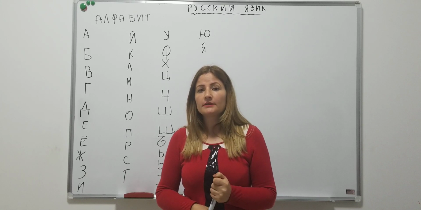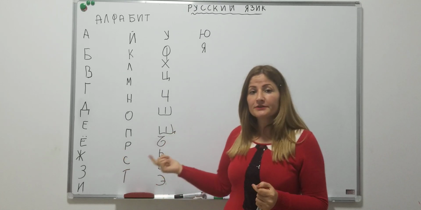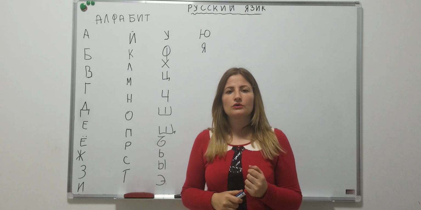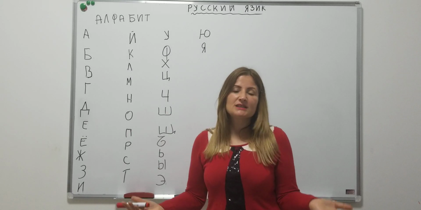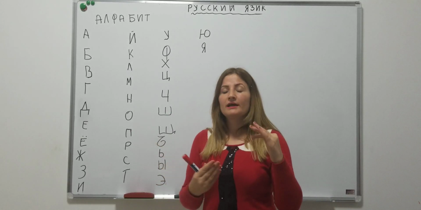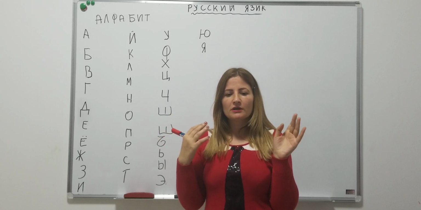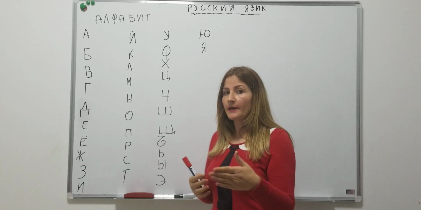You will notice from the alphabet and the letter sounds that there are some sounds which are not in English. So probably you will encounter some difficulties, but together we will overcome, okay?